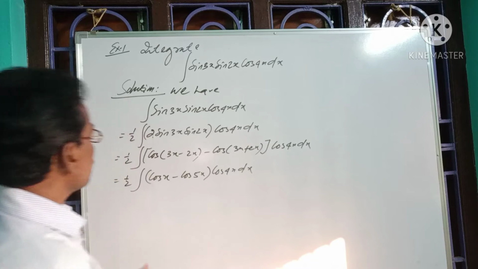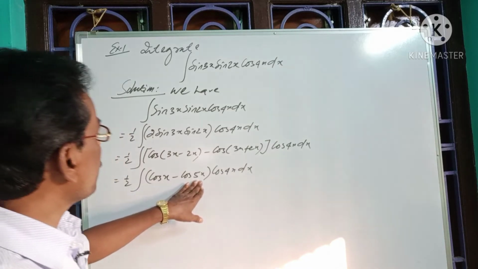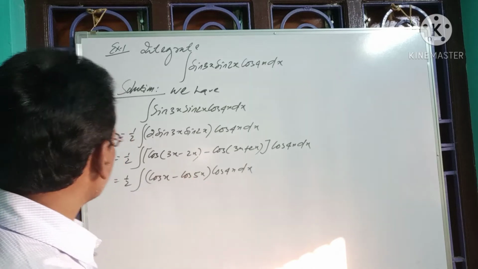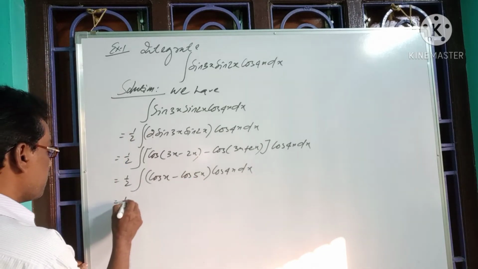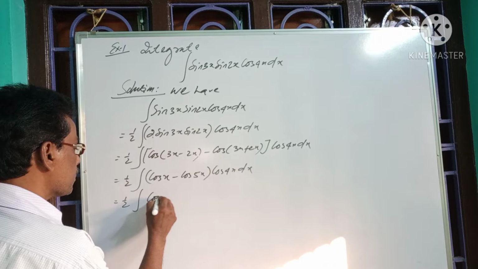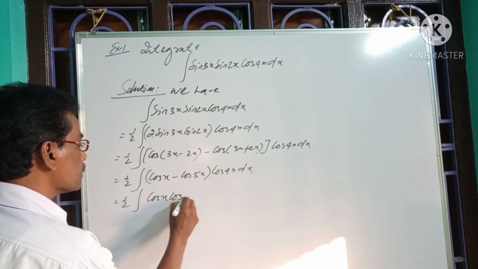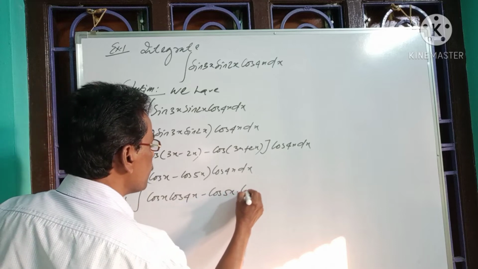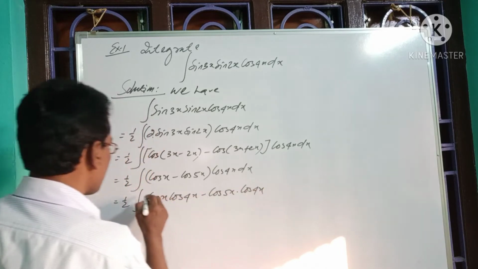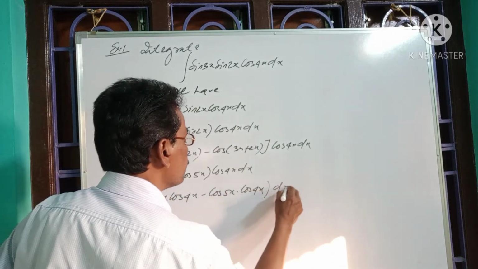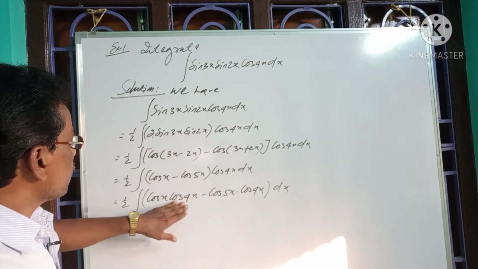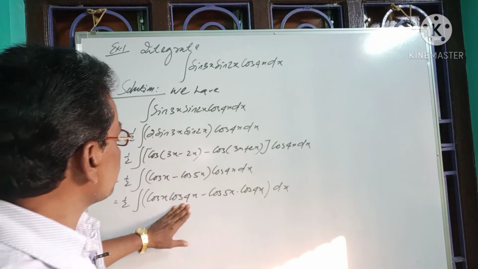So we got cos x minus cos 5x into cos 4x with respect to x. Now multiplying cos 4x with the 2 functions, we have half into the integration of cos x into cos 4x minus cos of 5x into cos of 4x. So let us now see, after transforming into another form, the transformed function is again not integrable.